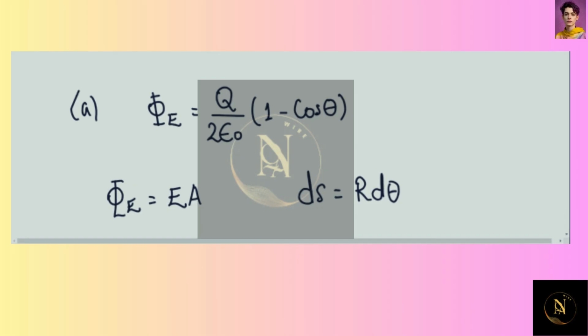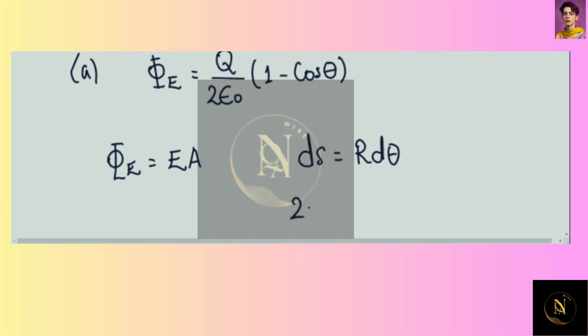And its circumference is 2 times pi times the radius, which is 2 times pi times the radius, capital R, sine of theta.